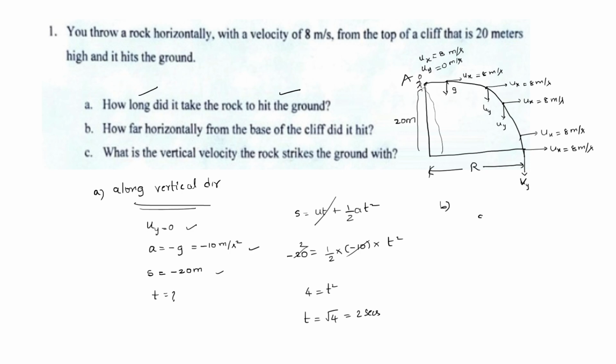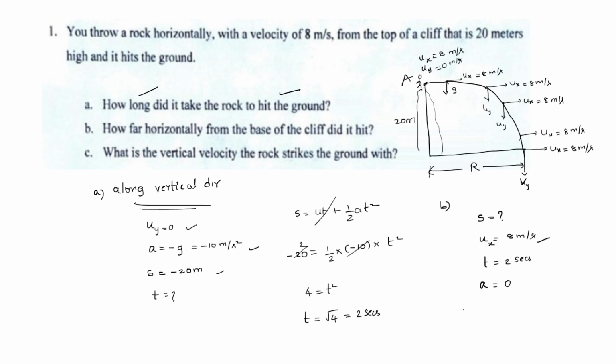So displacement, yes, we need to find, and initial velocity is taken as 8 meter per second, because we need to use the horizontal component, and horizontal velocity will not change with time, so it is always 8 meter per second. And time, just now we got 2 seconds, and a is 0, because in the horizontal direction there is no imparted acceleration.